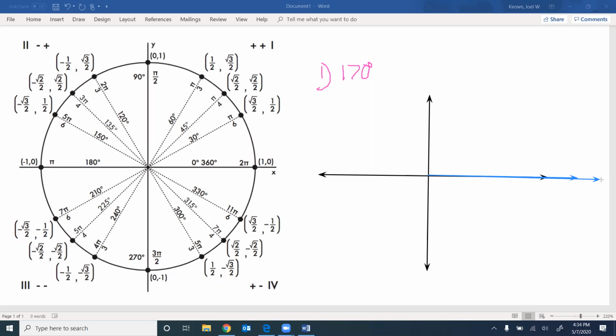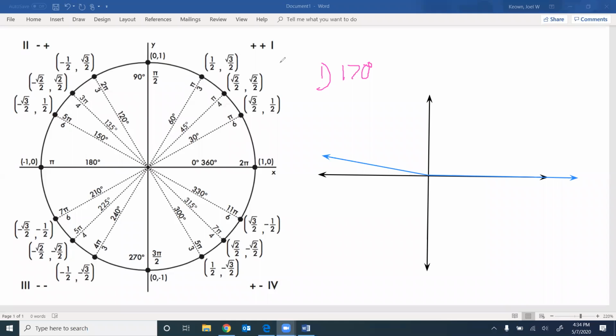If I keep going about 45, 90, and if I keep going, this is 180, so just a little bit less than that. That right there would be 170 degrees. I'll put a little line here to show. There we go. So that's what I would do for number 1.